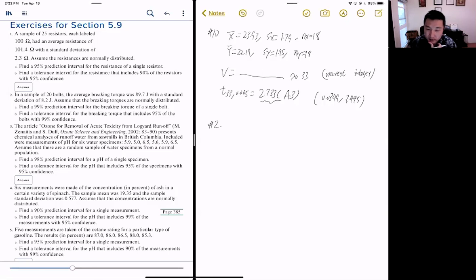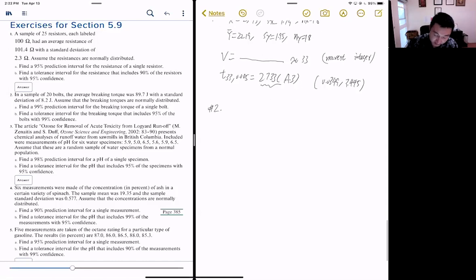To use prediction interval and tolerance interval, the distribution needs to be normal. Okay, so A is for a 99% prediction interval, and B is for the tolerance interval for the breaking torque, including 95% of the bolts with 99% confidence.